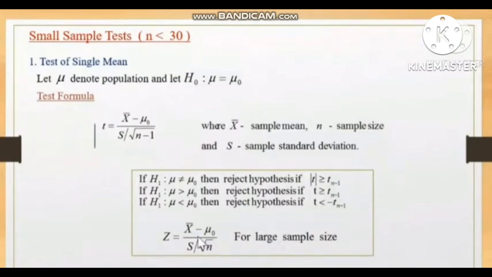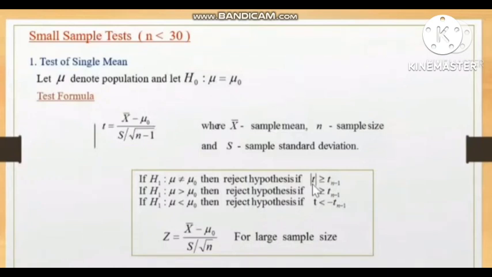What is more important in a small sample test is that this time we would not compare with 1.96 and 1.64. When the sample size is small, the value of T would be compared with the tabular value of T. There is a table which we call the T table.